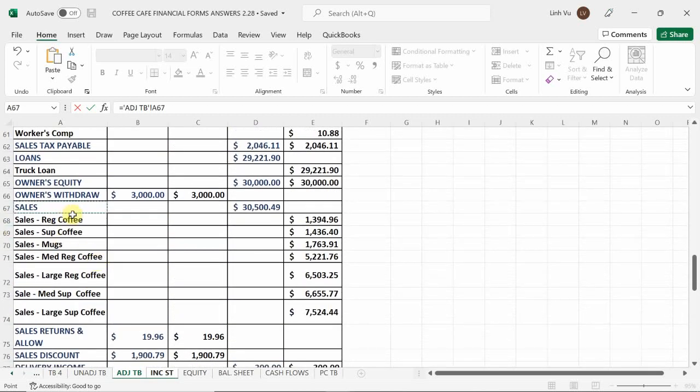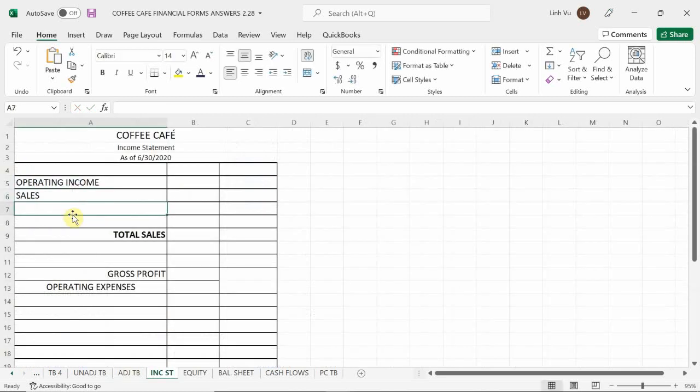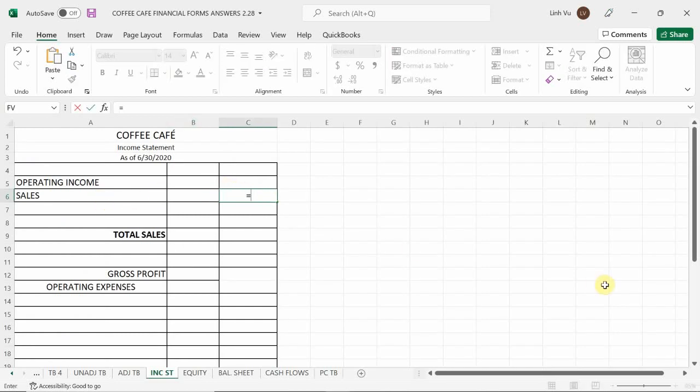I need to take the main account of each and every single sales. Okay, so in this case, you do not treat these columns like debits and credits, okay? You treat them as if you are making a calculation. Okay, so in this case, I'm going to use the right side for my calculations here to give me my grand total sales here.